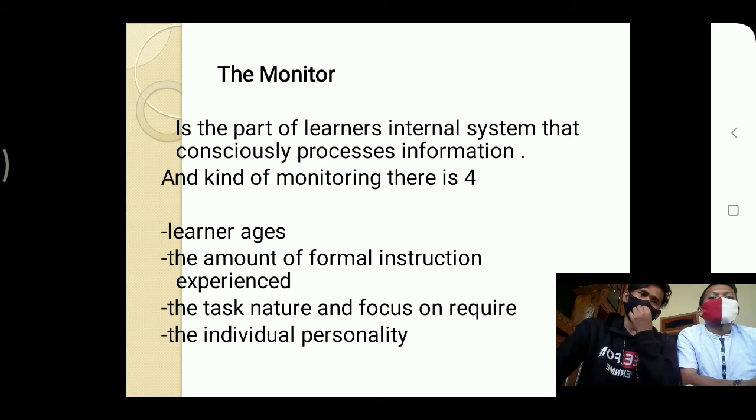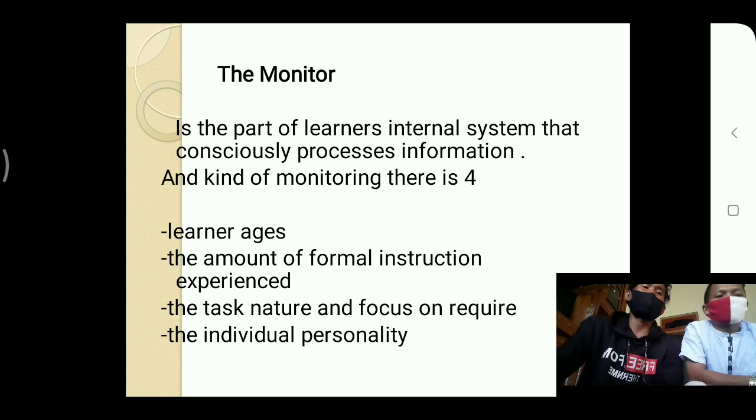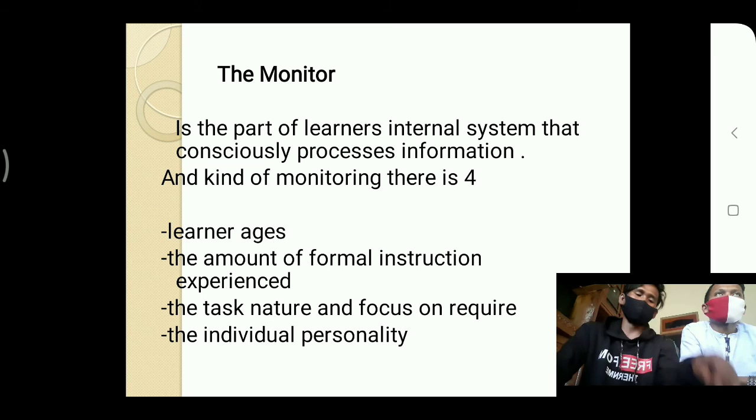The monitor is the part of the learner's internal system that consciously processes information, and there are four kinds of monitoring. The first is learner age, the second is the amount of formal instruction experience, the third is the nature of the task and the focus it requires, and the last is individual personality.